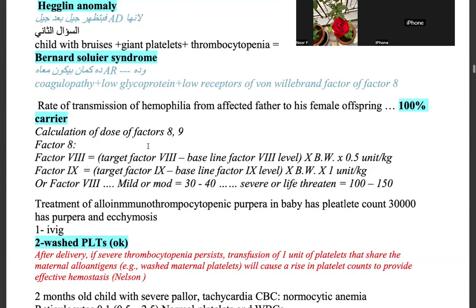Now, calculation of dose of factor 8 and 9. How do you calculate factor 8? Target factor 8 minus baseline factor 8 level, into body weight, into 0.5.